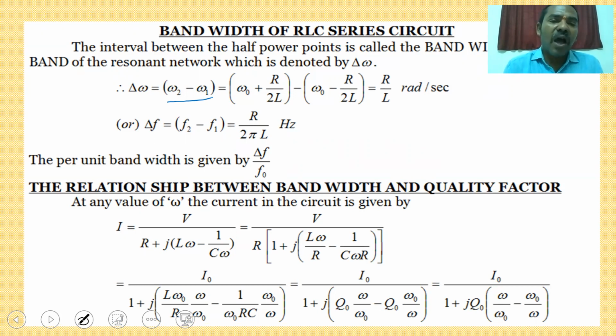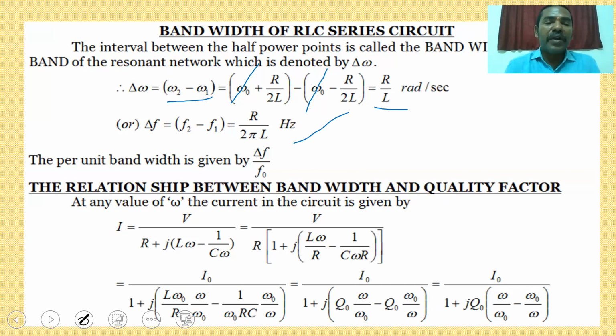Omega naught plus R by 2L. And what is omega 1? Omega naught minus R by 2L. If you substitute, the omega naught gets cancelled, and finally you get R by L. So delta f is equal to f2 minus f1, which is equal to R by 2 pi L.